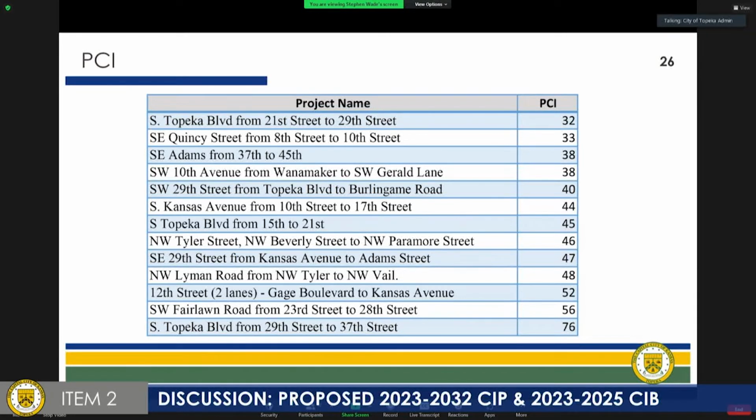You'll see South Topeka Boulevard from 21st to 29th scores a 32. That's a poor street. You'll see South Topeka Boulevard from 29th to 37th, which scores up in satisfactory. Trying to apply data to these requests.